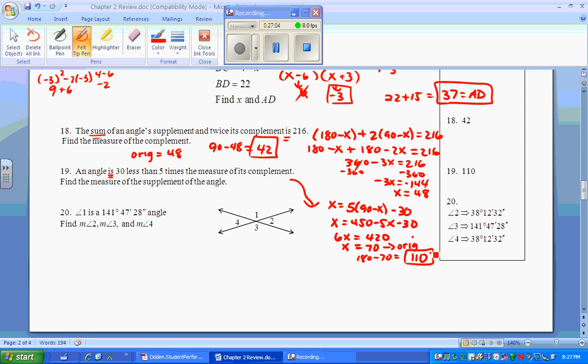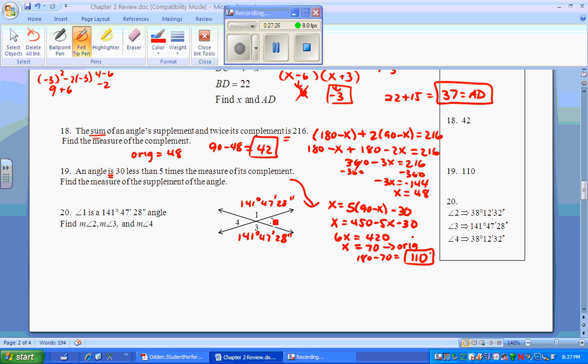And last but not least on this page, number 20, we have angle 1 is 141 degrees, 47 minutes, and 28 seconds. So that's easy because that means angle 3 is 141 degrees, 47 minutes, and 28 seconds. 2 and 4 are also the same because they're vertical angles to each other.